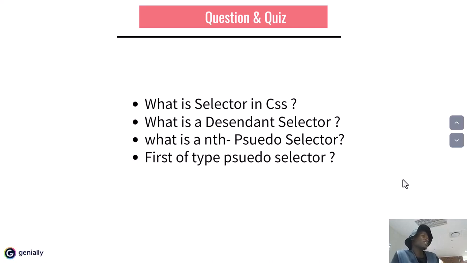In order for you to grab the first list item, there is a pseudo selector for that. The first of type pseudo selector is going to select the first li in the ordered list. There is also another pseudo selector, which is the last of type. I'm sure you know that one.